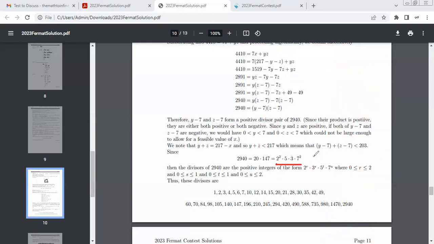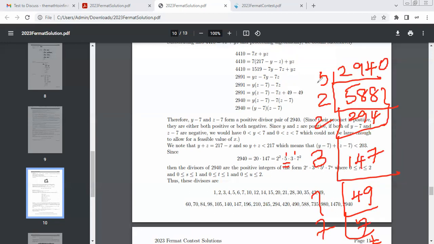So they are saying that they have written the 2 power 2 as 2 power r, and 5 power 1 as 5 power t, and 3 power 1 as well, just trying to find all the divisors. So they're just writing the ranges of the powers as well. They're saying that r can vary from 0 to 2. I'll show you how.